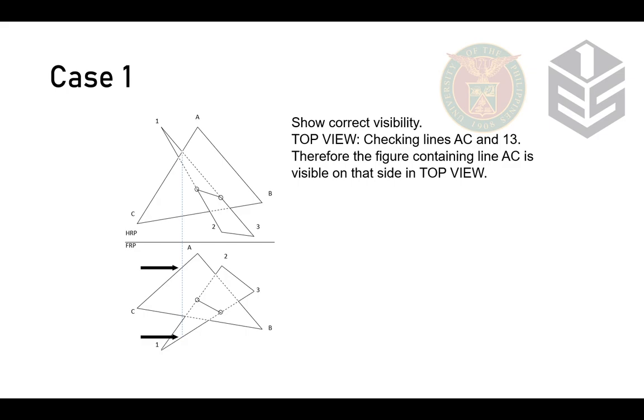But for some students who have the innate ability to view planes in space in their mind, they can actually imagine the orientation of the planes, and by imagining what the orientation of the planes looks like in space, they can determine the visibility of each of the lines. So, for example, if I look at this plane AC, this line AC right here is above your plane 1, 2, 3, right here.